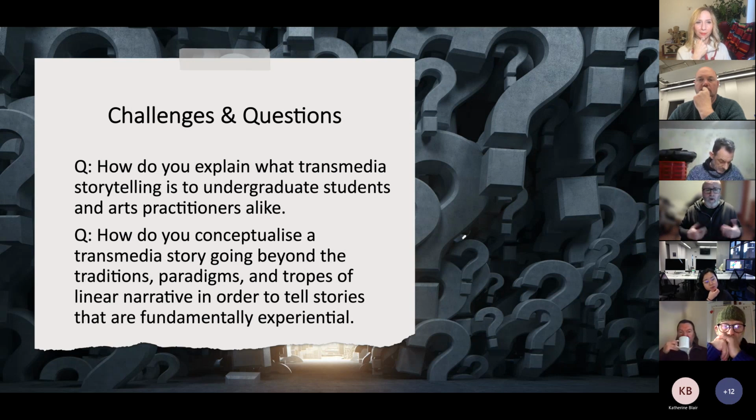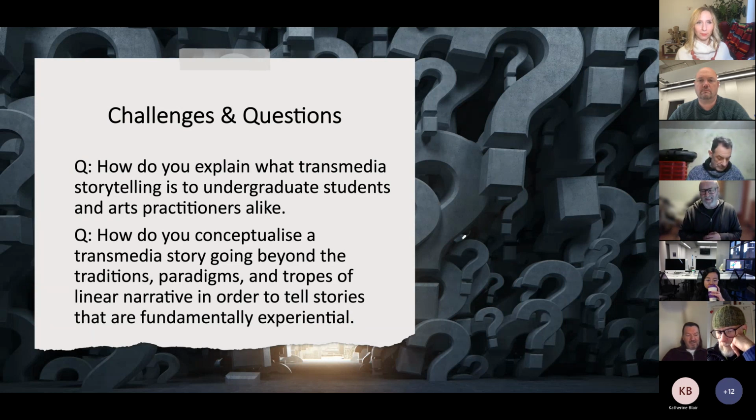And another one was to think about how you conceptualize transmedia storytelling, going beyond the traditions, paradigms and tropes of linear narrative. Perhaps going into this, I probably had more of an understanding of screenwriting and story, but none of that, or some of it, but not all of it, applies in a transmedia setting.